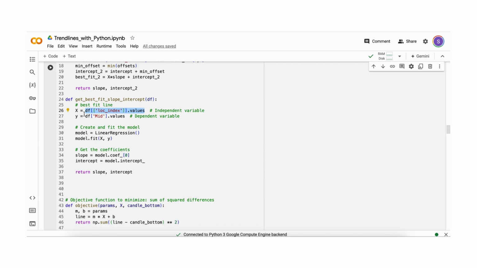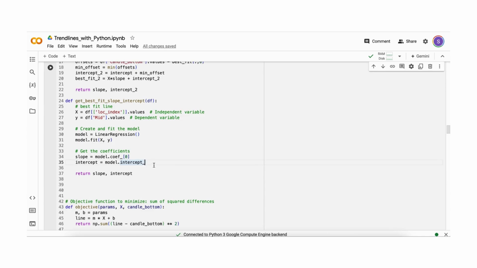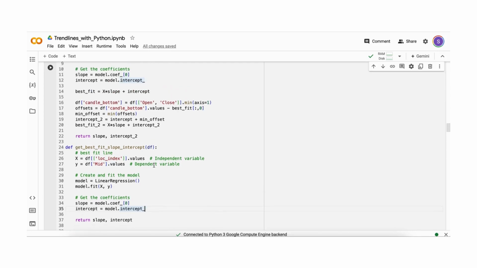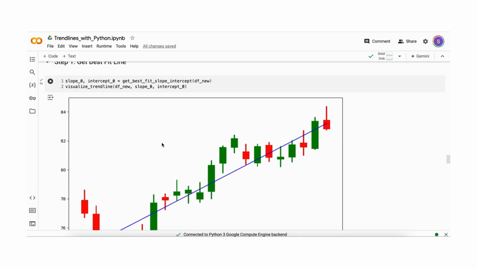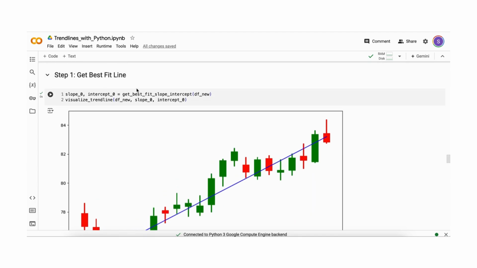And then I have the midpoint of the candle as the y values, and I use the linear regression function from scikit-learn in order to fit the model and find the slope and the intercept. The best fit line is the slope multiplied by x plus the intercept, which we will see here. That allows us to get the best fit, which we observe here. So that is step 1.